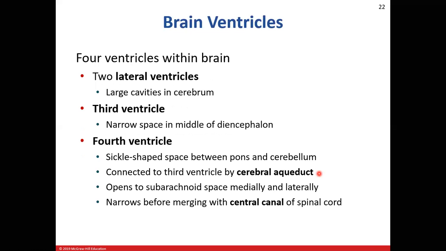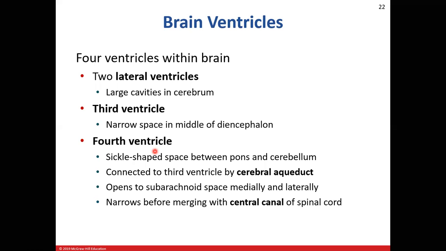So our two lateral ventricles are going to be the large cavities that we find within the cerebrum. Our third ventricle is going to be a very narrow space in the middle of the diencephalon. Our fourth ventricle then is a sickle-shaped space that's between the pons and the cerebellum.